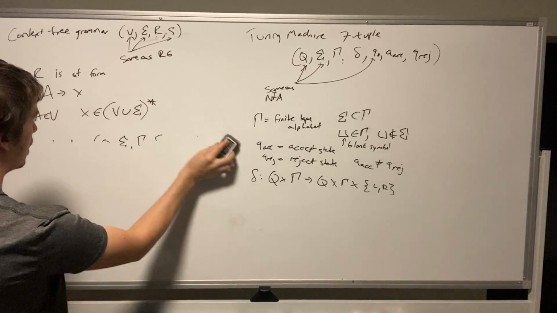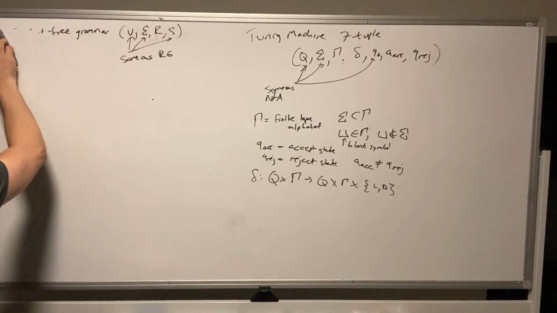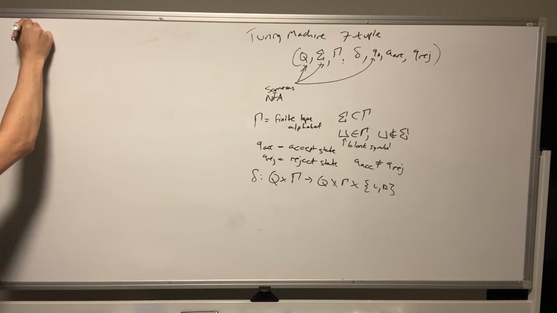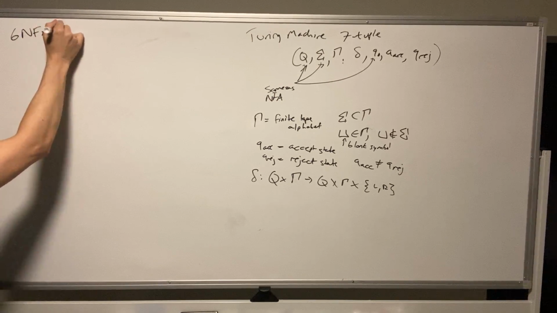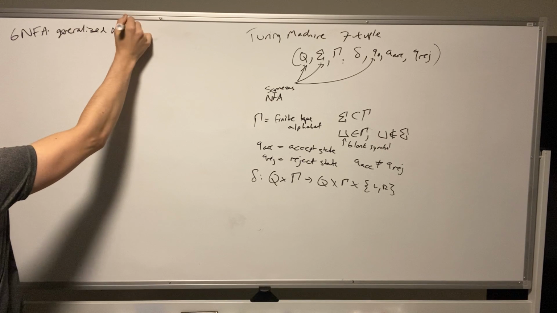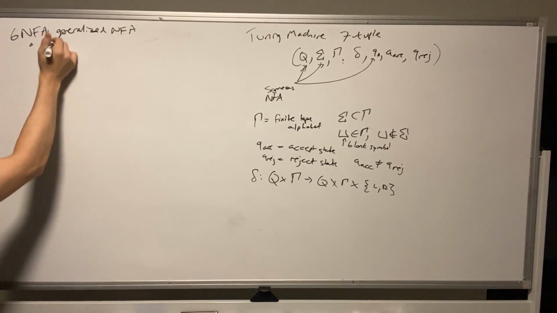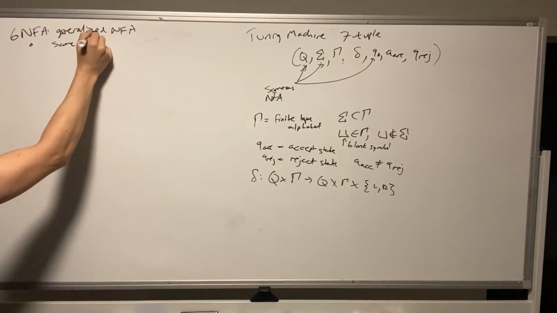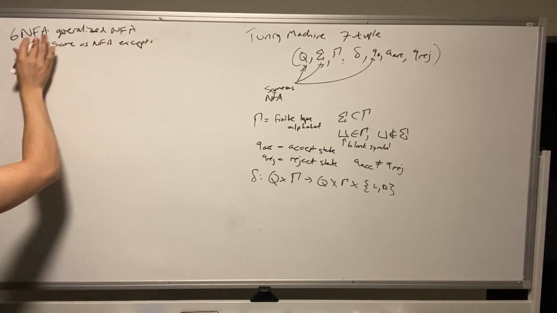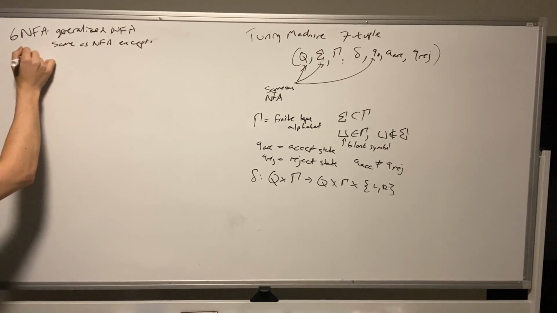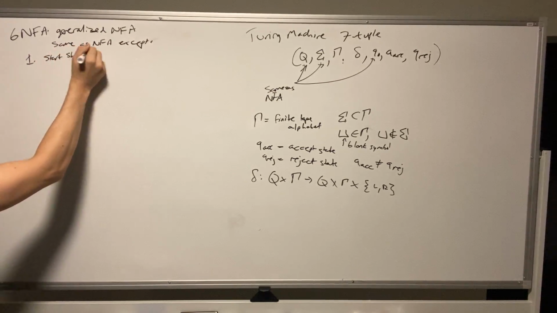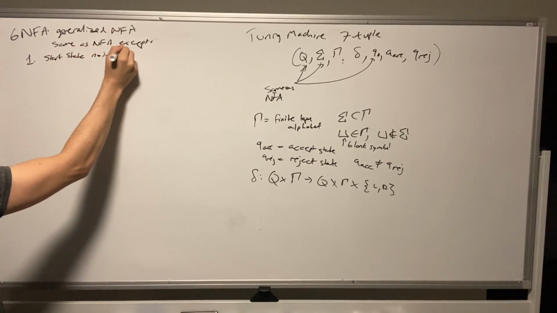What about the forms and everything? Actually, there was one I forgot. So generalized NFA. Same as NFA, except: one, the start state has no incoming transitions.